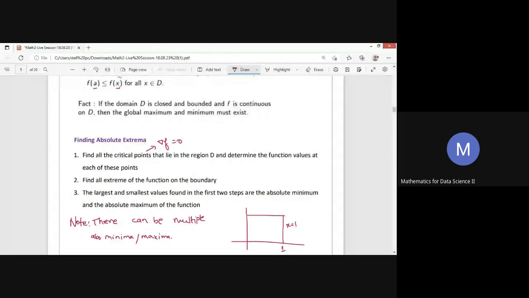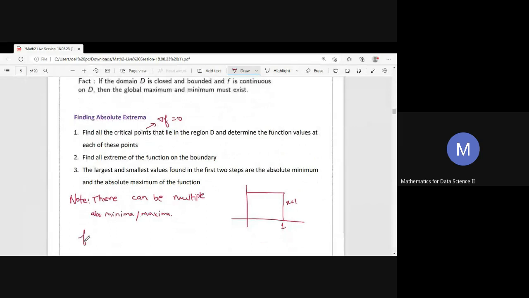For example, suppose f of x, y is equal to 10 for some point x naught, y naught. You may get 10 at some other point x1, y1 as well. So if 10 is the maximum value, it is possible that at both these points you have the absolute maximum value.